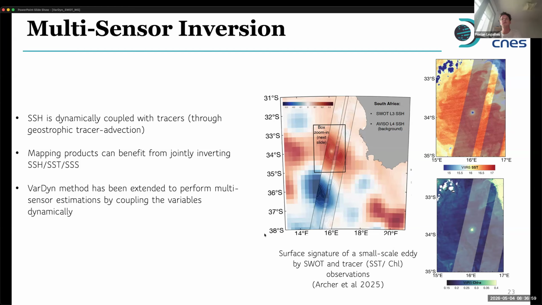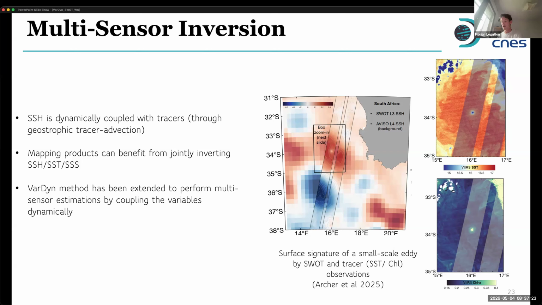Here you have an example of this small cyclonic eddy observed by temperature and chlorophyll data. And we know that the sea surface height is dynamically coupled with the tracers, and this is known from the physics. It's based basically on the geostrophic tracer advection.